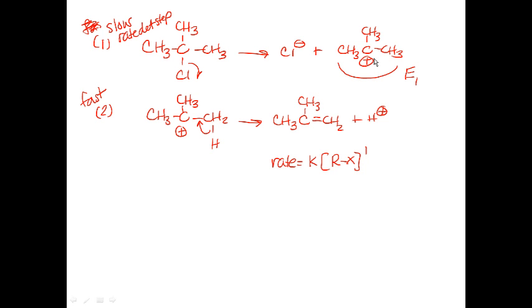So for unimolecular elimination then, we have to be able to write the products. And so we have to be able to identify the alpha carbon, all of the possible beta hydrogens that I can lose, and then write the alkene products.